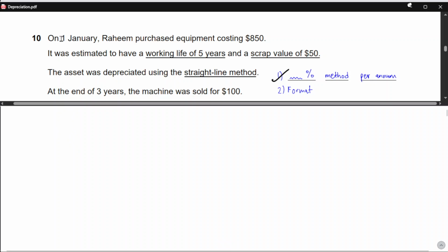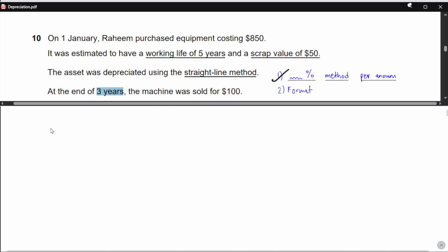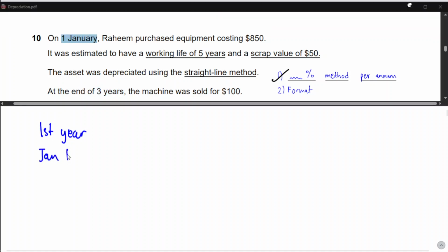So let's say at the end of 3 years. Let's use the first year, January 1. So the cost is this amount.